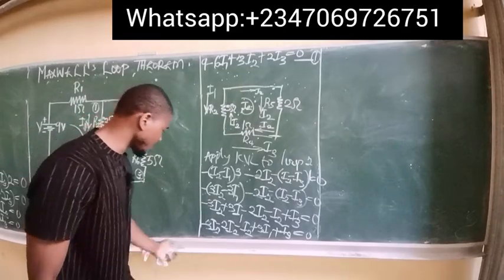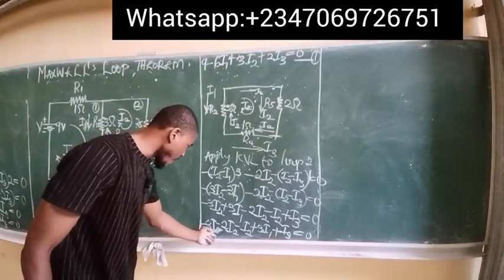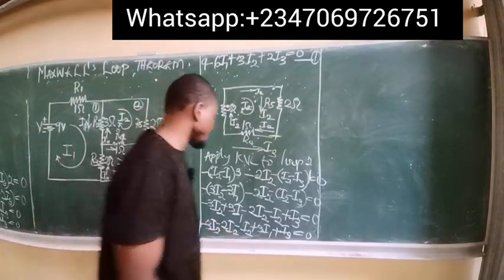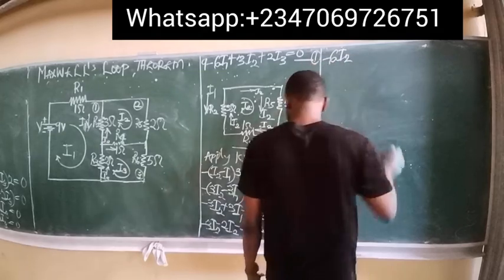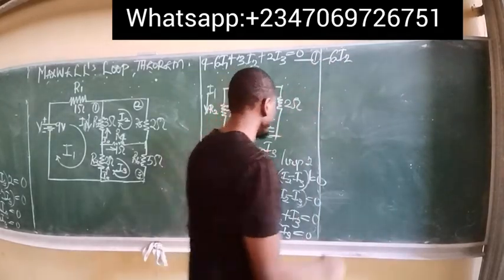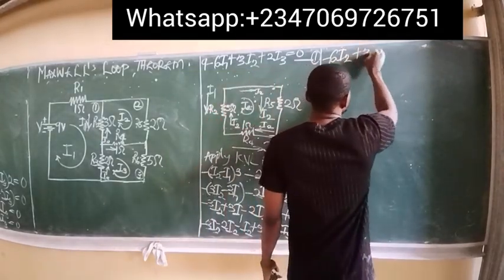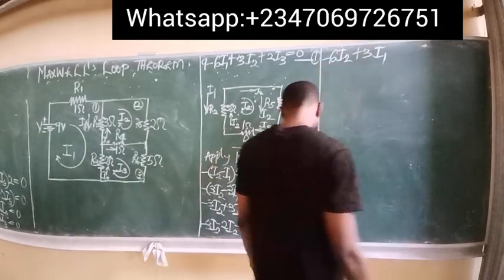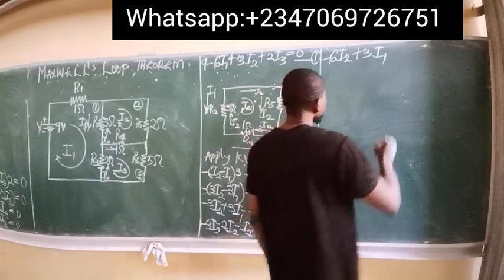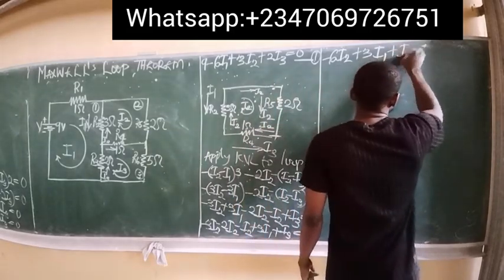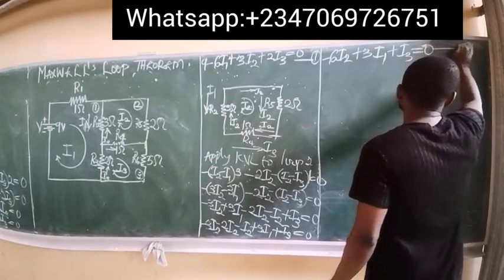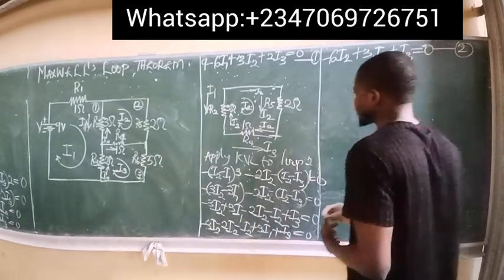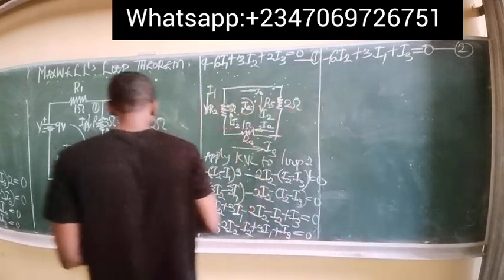So if I bring everything here now, minus 3 minus 2 minus 1 simply gives me minus 6I2, plus 3I1, plus I3, and this is equal to 0. So I can call this equation 2. So that's the equation for the second loop.